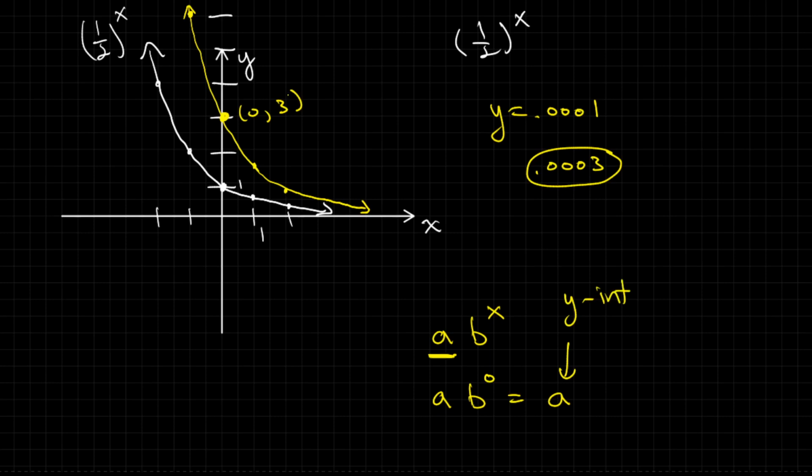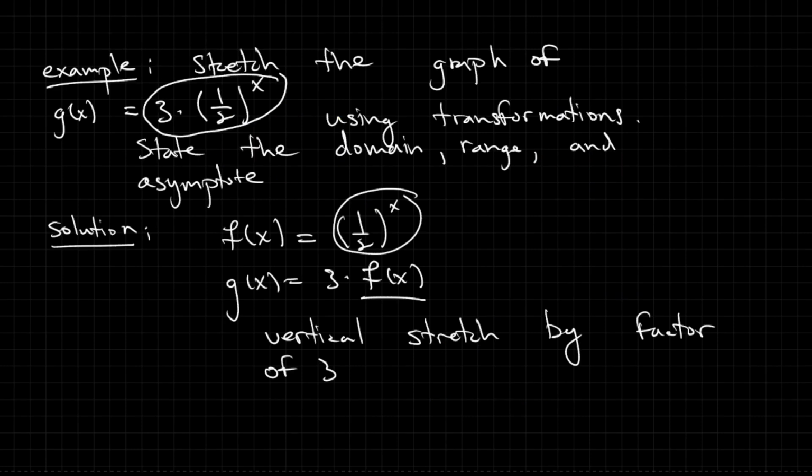So notice that the y value of the y-intercept is 3. That matches my vertical stretch, and that's going to happen every time. Or at least every time there's only a vertical stretch. If you have a stretch and a shift, then that may change, but if there's only a stretch or compression, then the y-intercept is going to match that value that corresponds to the stretch or compression.